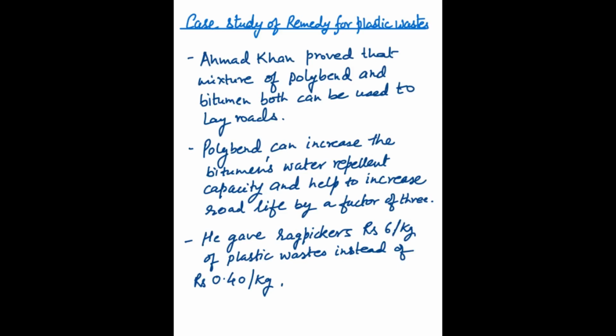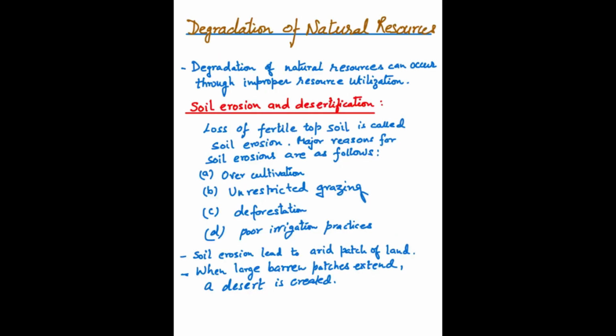So this is all done. Now we will be discussing deforestation and some soil erosion topics, small topics. So, degradation of natural resources can occur through improper resource utilization, like soil erosion and desertification.